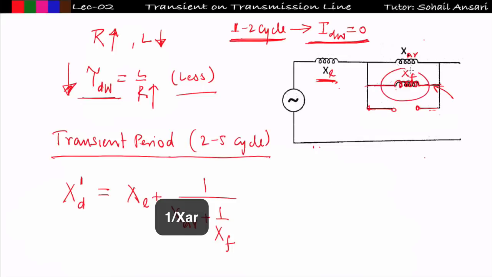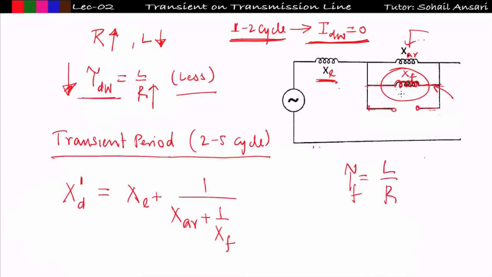This AC flux produced in the field winding is trying to oppose the effect of demagnetization, right? So this field winding also has a time constant, and the time constant of the field winding, let us denote as tau f, is L upon R. Now this is a winding, means definitely the L of this winding is more than the resistance. So the overall effect of this field winding will die out after 5 cycles.